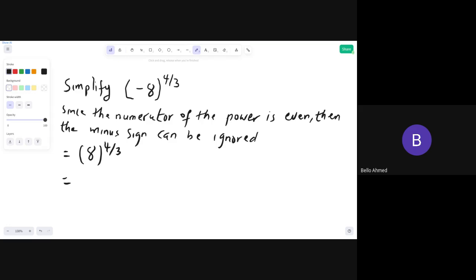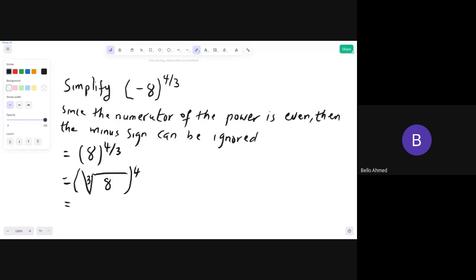The denominator is 3, so I'm going to write cube root. But don't forget, when you're writing cube root, you have to put the 3 there to show that it is cube root. Then everything raised to the power of the numerator, which is 4.